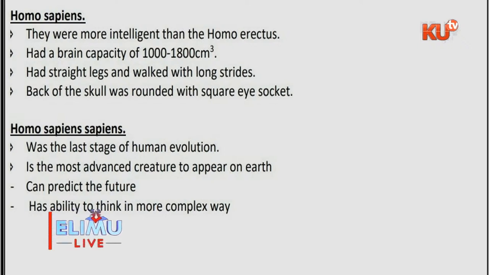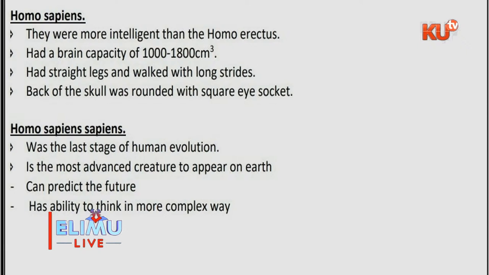That is almost like a normal human being. And also, at the back of his skull, it was round with a square eye socket. And then this Homo sapiens, as we have said, now developed a brain like the normal human being that we are today.